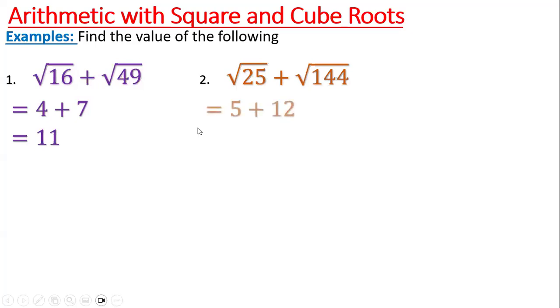How do we get the 5? Because 5 times 5 is 25. Very good. And how do we get the 12? 12 times 12 is 144. Very good. It's because the square root of 144 is 12. So what is 5 plus 12? 17. Very good.